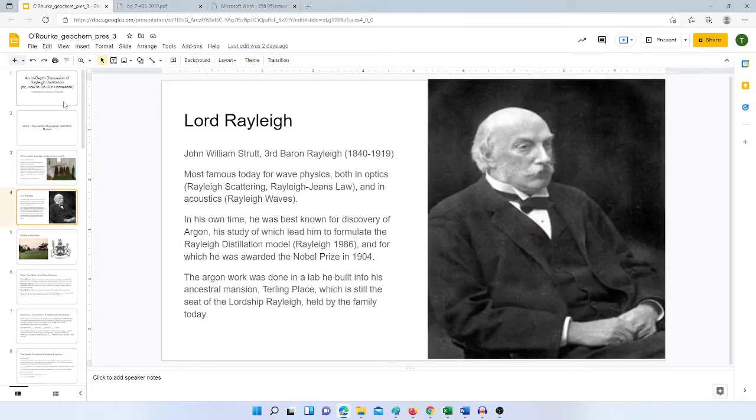So, fortunately, our friend John William Strutt, the third Baron Rayleigh, whom I will call Lord Rayleigh for the rest of this discussion, is the guy who first figured out how these relationships work. Now, today, he is best known for his work in physics, describing various waves, either in acoustics like Rayleigh waves, or in quantum physics with the Rayleigh-Jeans law, or Rayleigh scattering, which is literally explaining why the sky is blue.